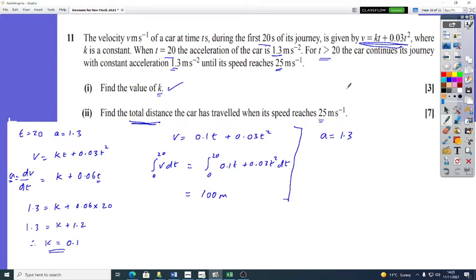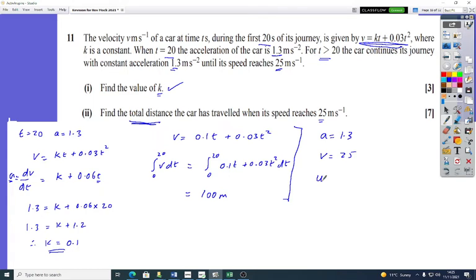You don't know what t is, you just know it's greater than 20, but you do know the final speed is going to be 25. Now, because you know what the velocity is, you could find the initial speed.